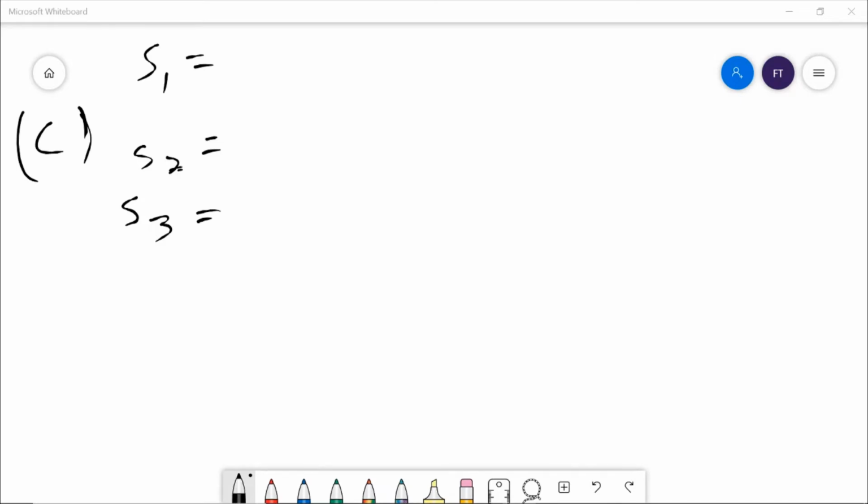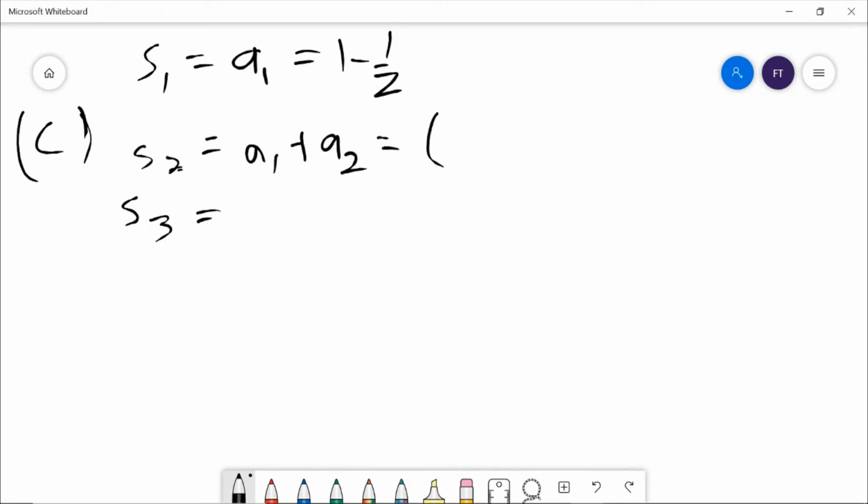Part C asks us to find a formula for S of n. Now to do this, it is going to be helpful to look at the first few terms of this sequence of partial sums S of n. So remember, S of 1 is just a1, and a1 is 1 minus 1/2. S of 2, remember, is defined as a1 plus a2.